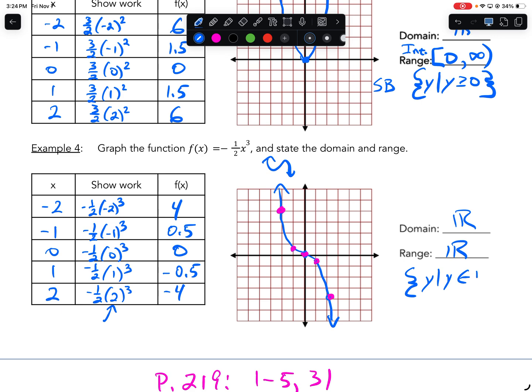So element of is what that means, all real numbers. And then you just make your little bracket at the end. Okay, that's set builder notation. Interval would just be like this, negative infinity to positive infinity for all reals. That's interval. Okay, so you'll see that on SAT.